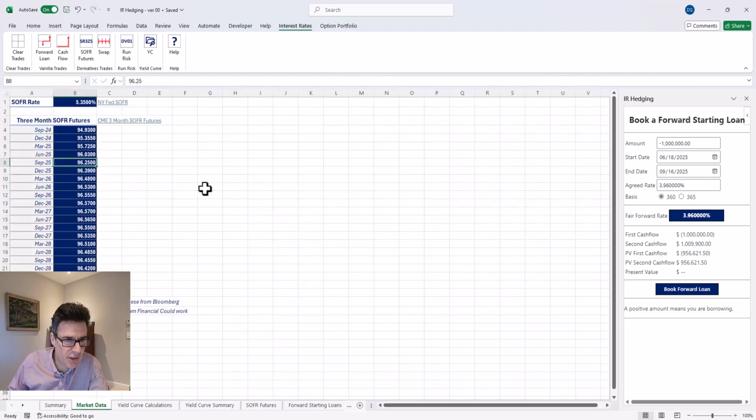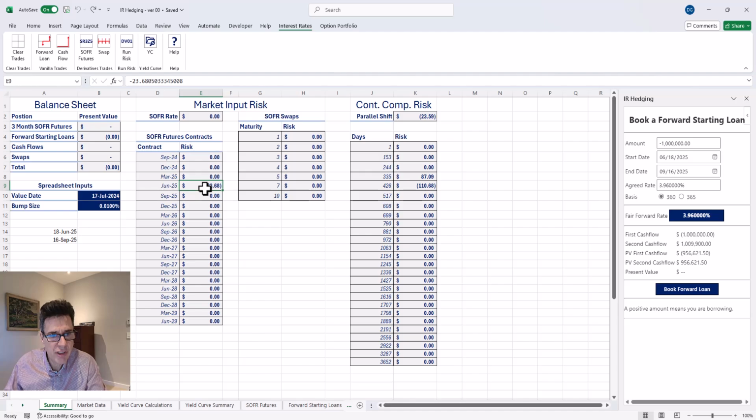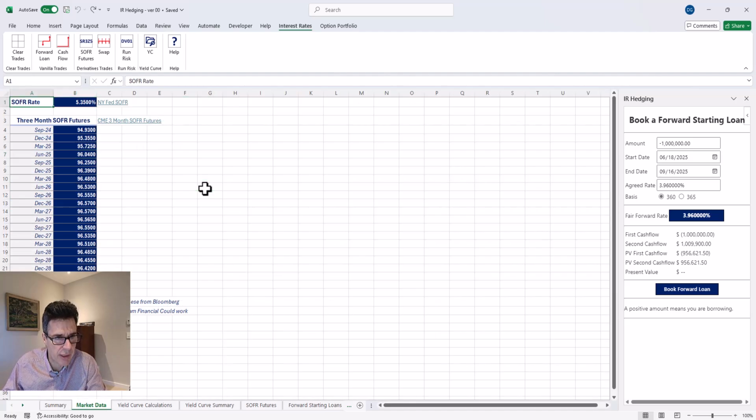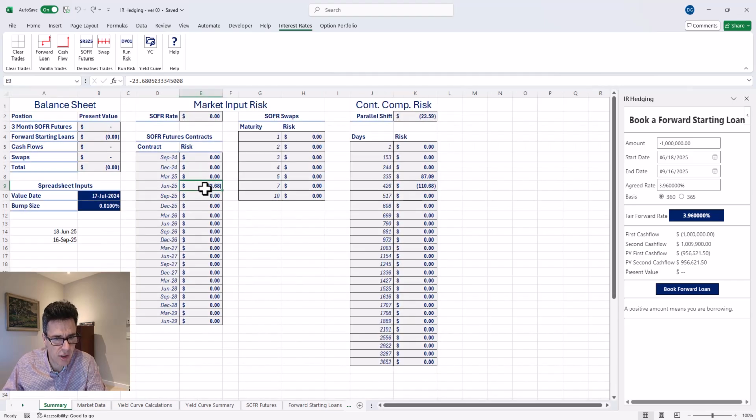Let me change it back. It's changing every rate in the spreadsheet in this market data, making the rates go up by 1 basis point, finding the P&L, and telling us 23.68.